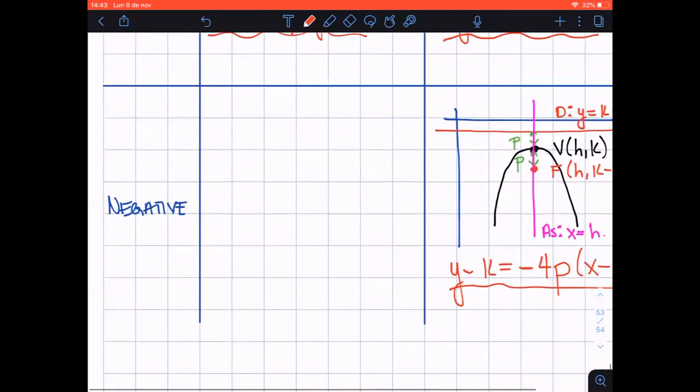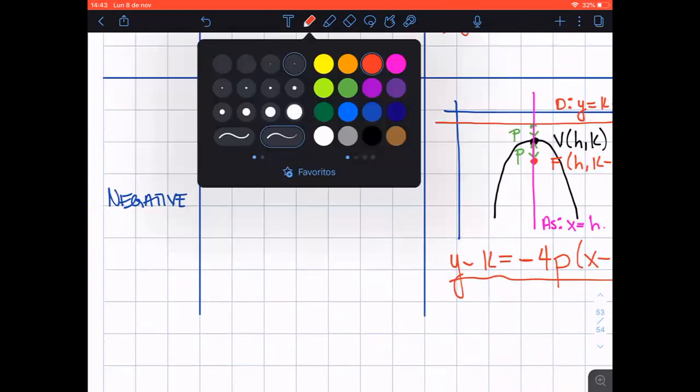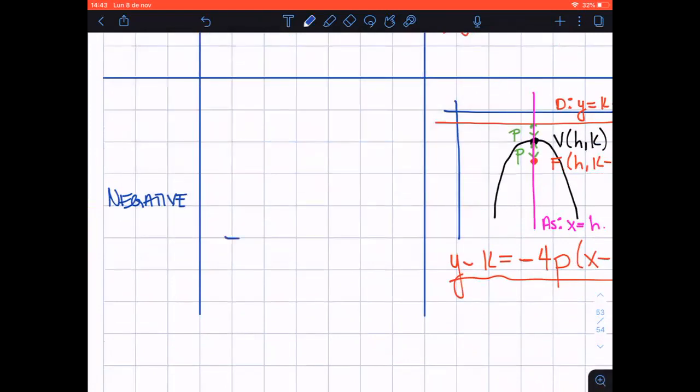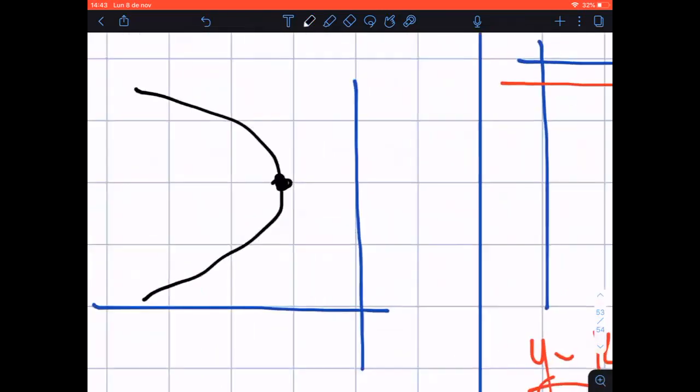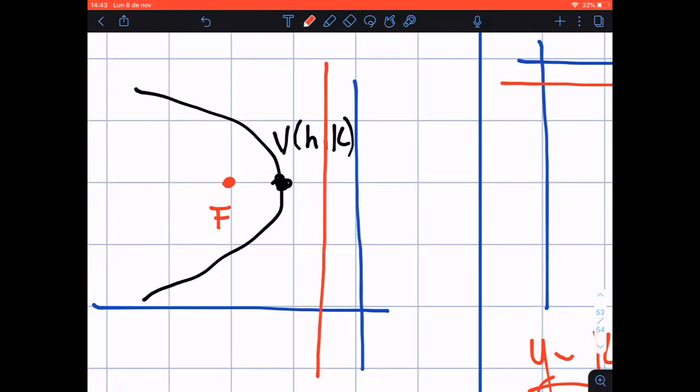And now, the horizontal negative will be very simple for you. I'm pretty sure of that. So let's draw again the coordinate plane. Now a negative horizontal parabola will look like this with its vertex at h comma k. The focus will be inside to the left. The directrix will be outside and will be a vertical line. And now the p distance will be horizontal from vertex to focus and from vertex to directrix.